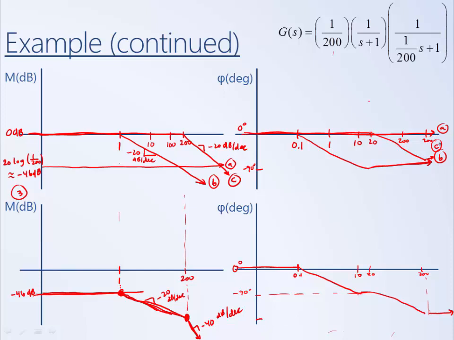And at that point, we have one component that has a phase of 0 and two components that have a phase of minus 90. So 0 plus minus 90 plus minus 90 is minus 180.